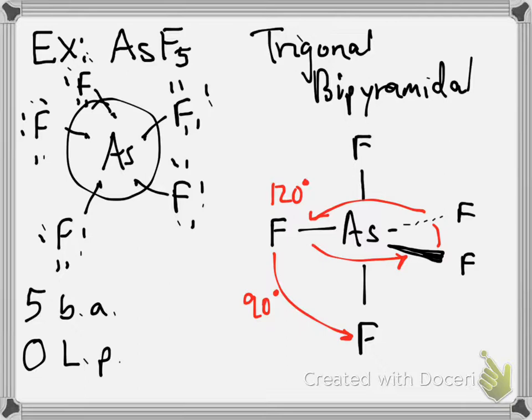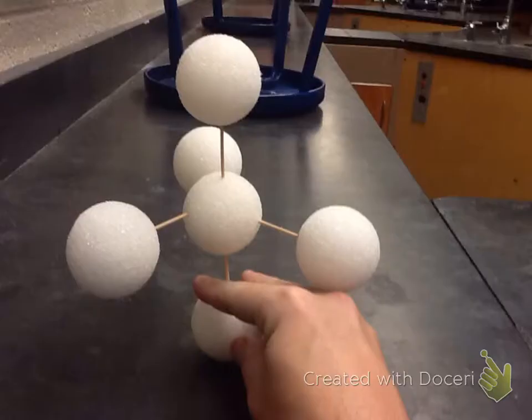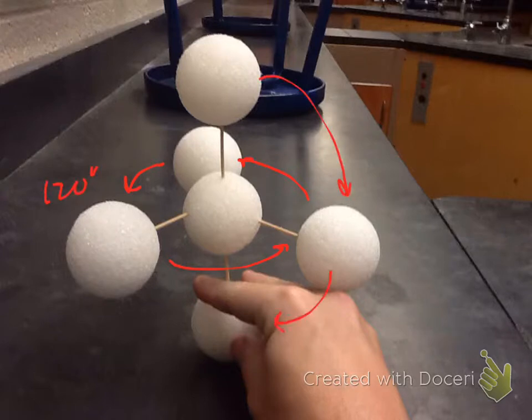Looking at the shape, what you see from right here to right here to right here is your 120 degrees. Right here down to here, or down underneath my hand, is your 90 degrees. That's where those two different bond angles come in.